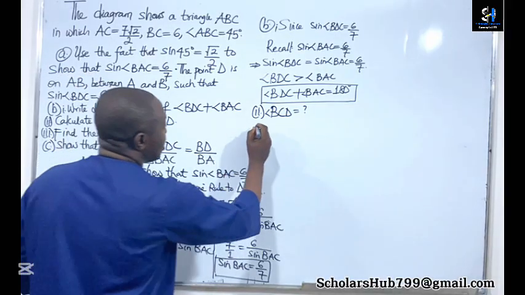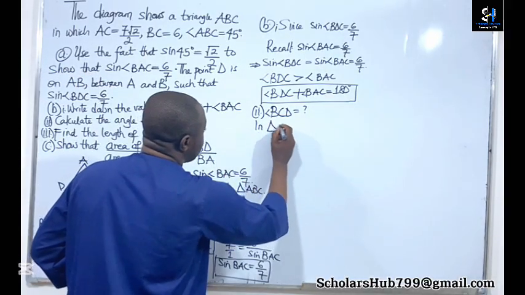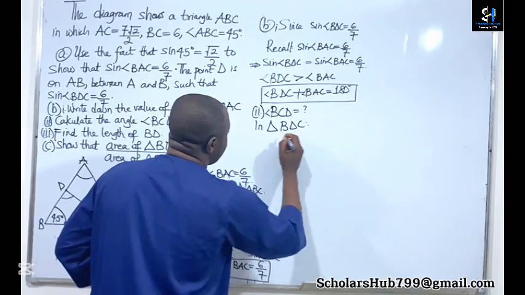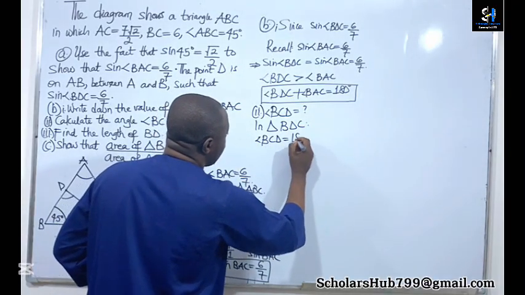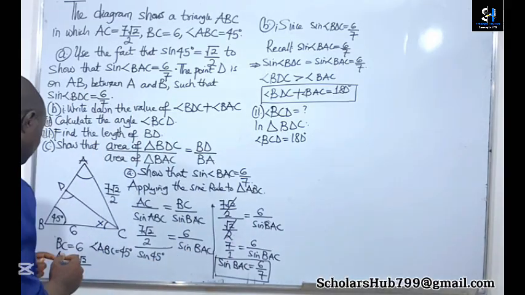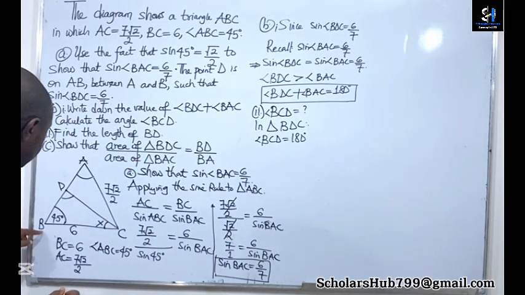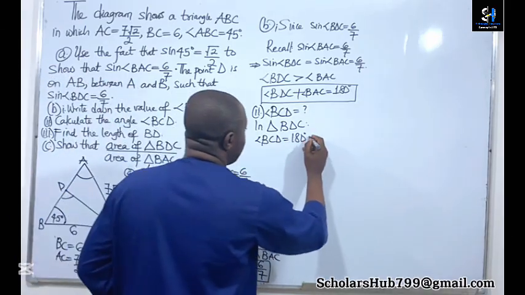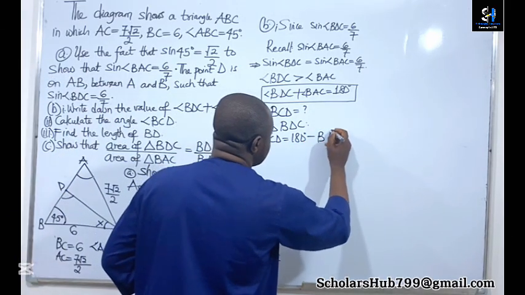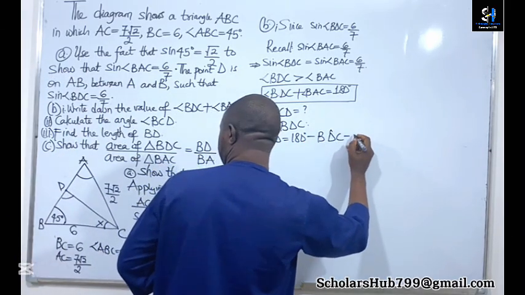So in triangle BDC, we can say that BCD will be equal to 180 degrees minus BDC minus DBC.